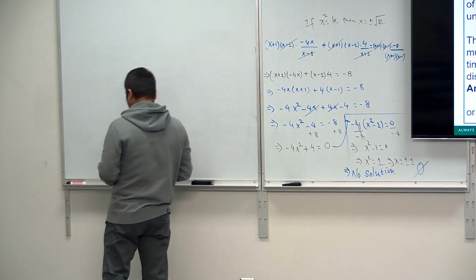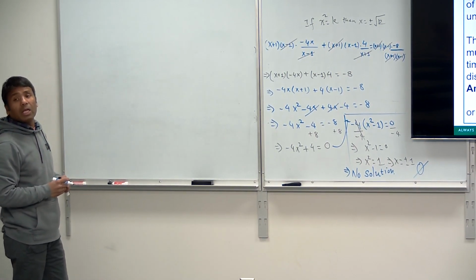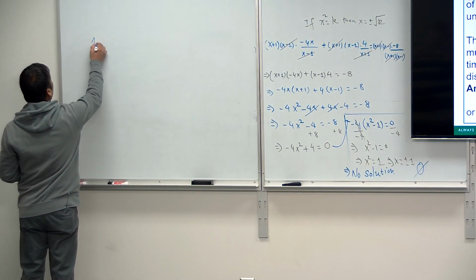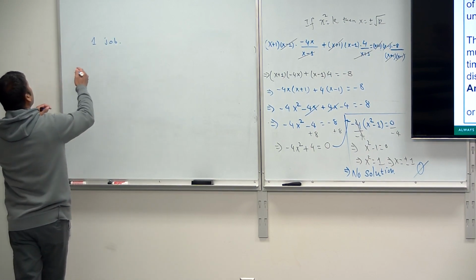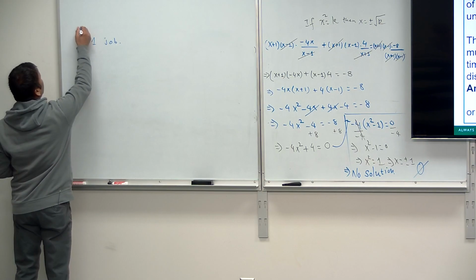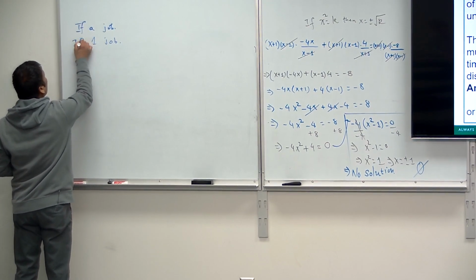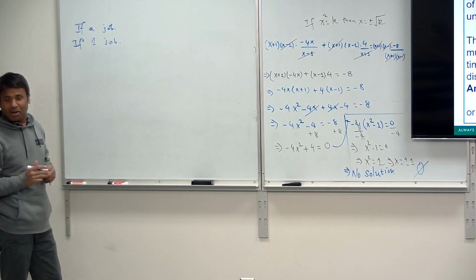What you need to know here, guys, is if a job can be done in t units of time, let's say one job, a job means one job, is that right?